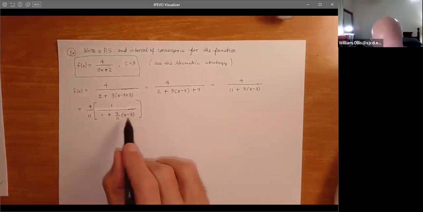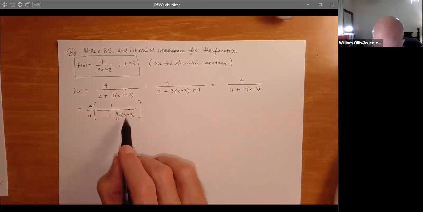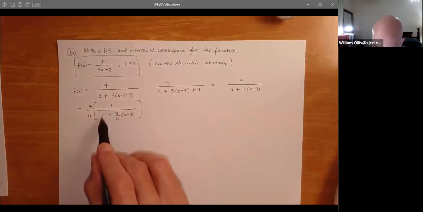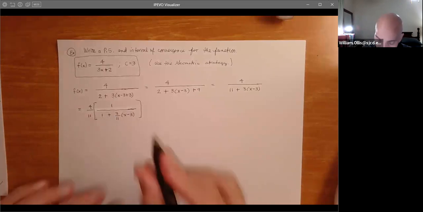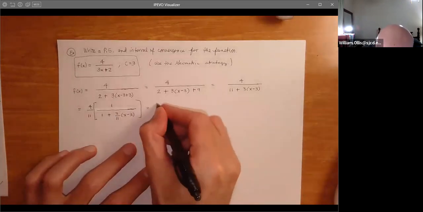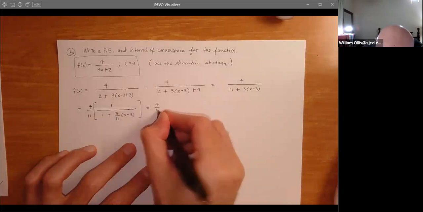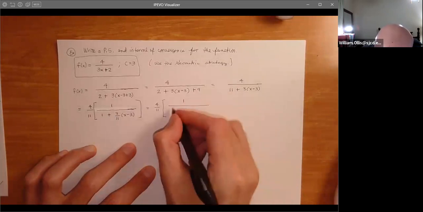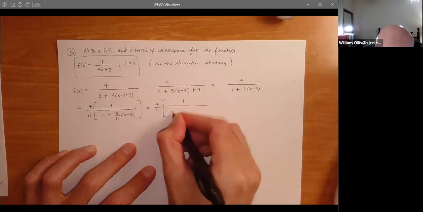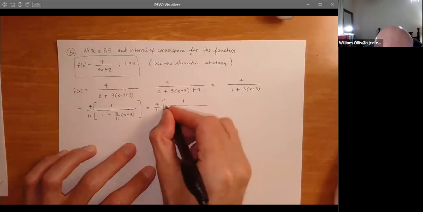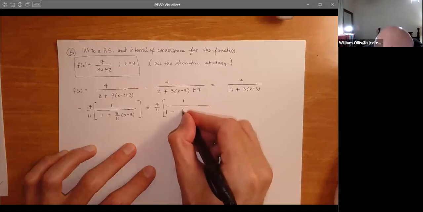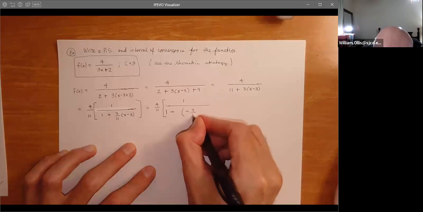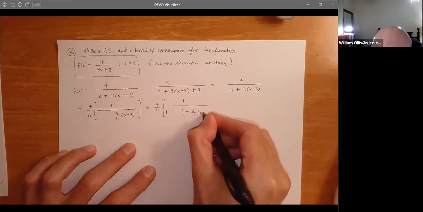Now, just to make this look a little bit more user-friendly, we need the minus minus because we need the 1 divided by 1 minus x. So let's put in 2 negatives. Again, same old song and dance like we did on the last problem. So we do minus, and then another negative. So we'll have negative 3 over 11 times x minus 3.